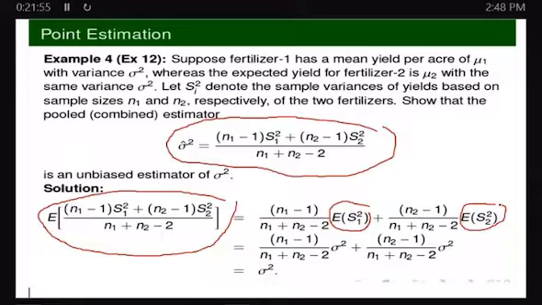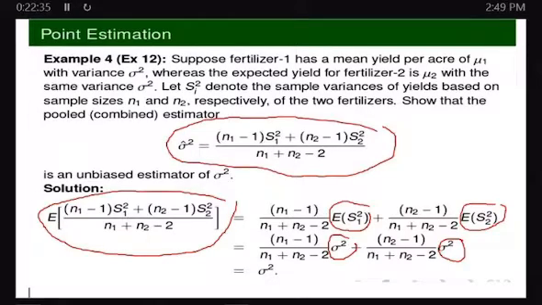And we have an assumption that the variance of each population, don't forget, we said they are unknown but equal, and on their own they are unbiased. So there's going to be sigma squared, and that's going to be sigma squared. If you solve that algebraically, that will give you sigma squared. Any question? And that is how we know that a pooled variance estimator is unbiased for the population variance.